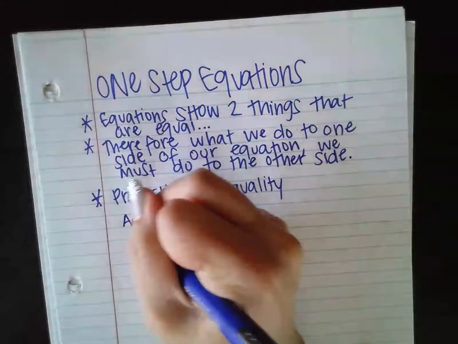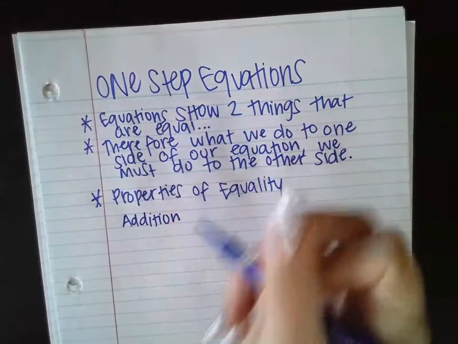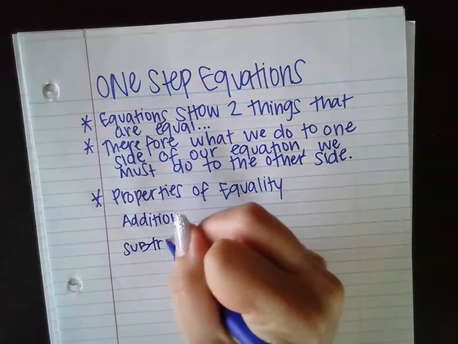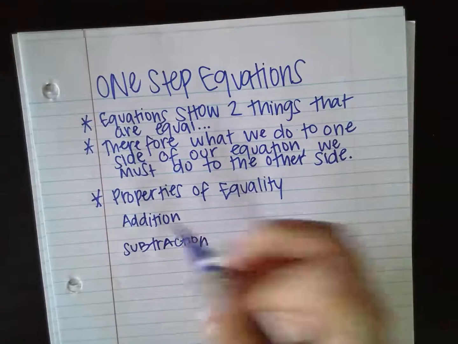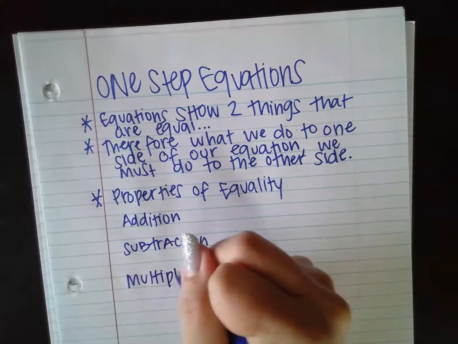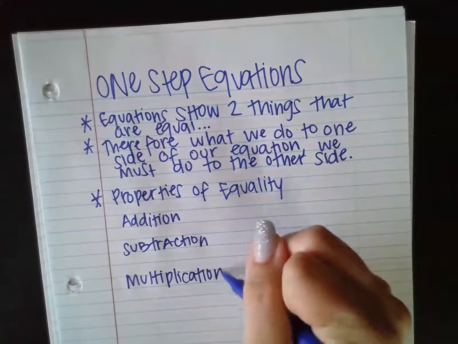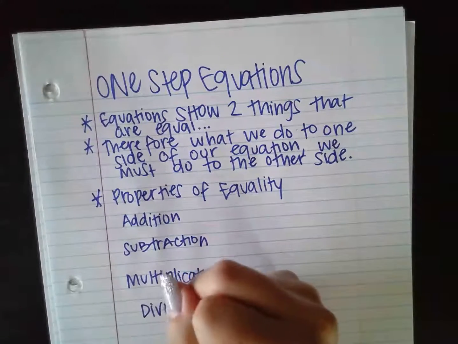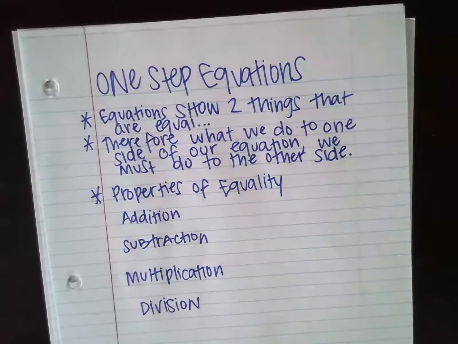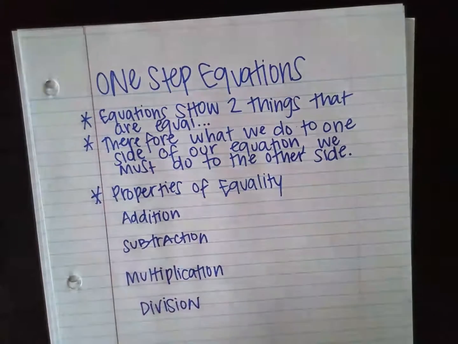We have addition, and I'm going to skip a couple lines, subtraction, multiplication, and division. So when we are looking at equations, we are going to use something called inverse operations, which is the opposite kind of operation that is being done in the problem.